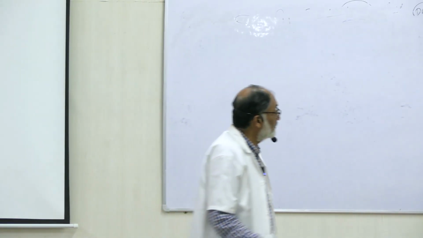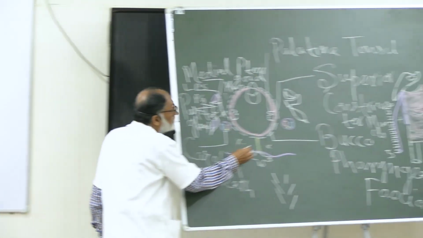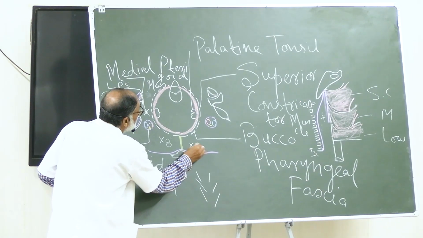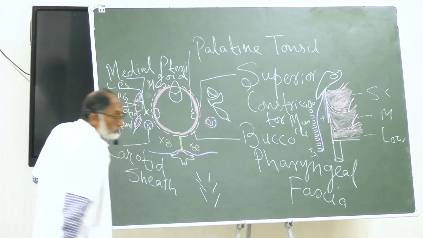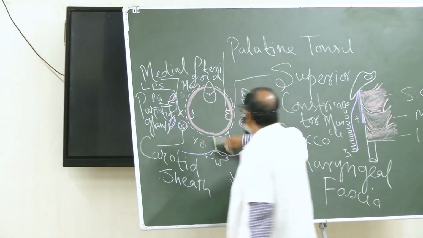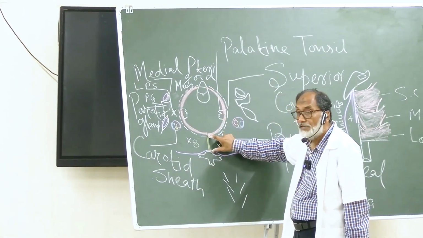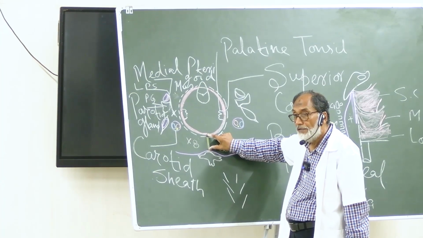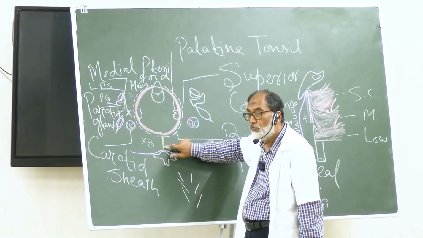Applied importance is, if there is this retropharyngeal space, here lie some lymph nodes. And this retropharyngeal space is actually fixed by a fibrous tissue.